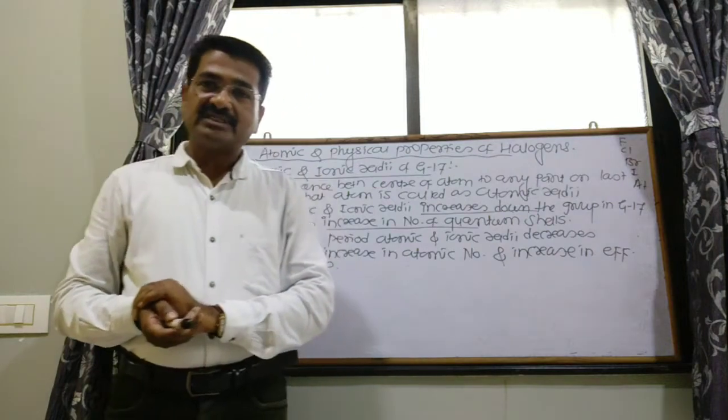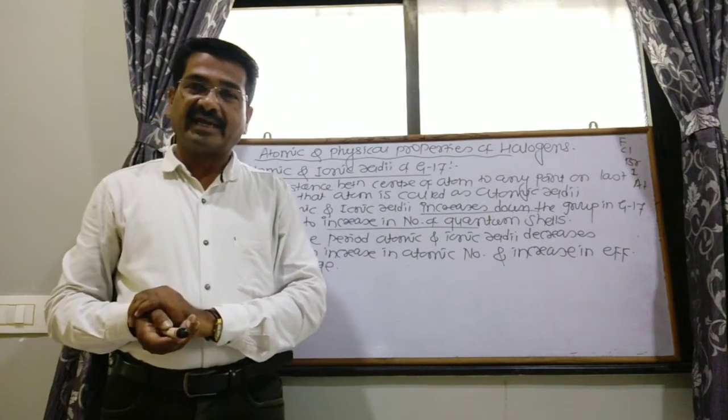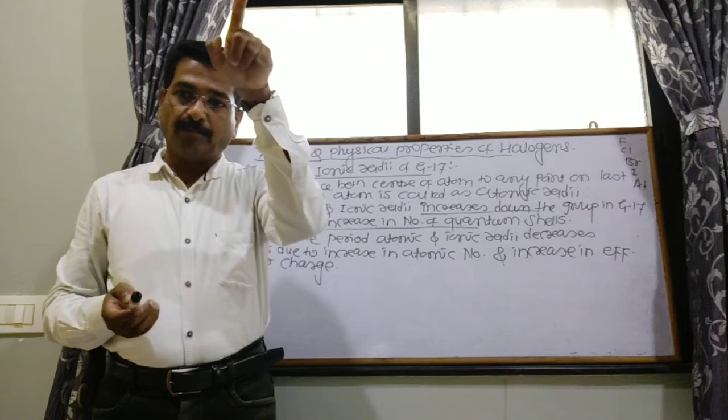So these are the points included for atomic and ionic radii down the group and along the periods.